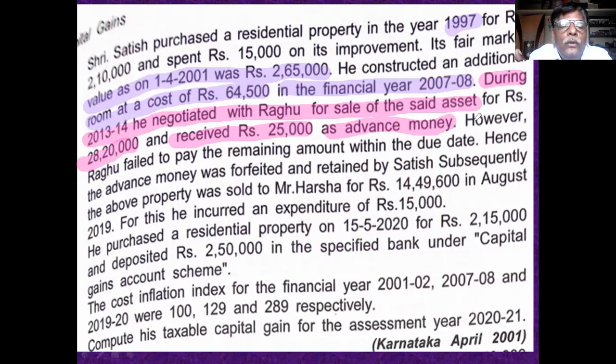However, Raghu failed to pay the remaining amount within the due date. Hence, the advance money was forfeited and retained by Satish. You see this. What happened?